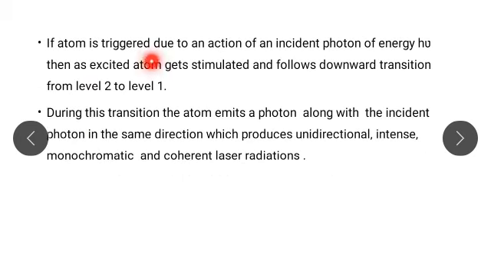And if an atom is triggered due to the action of an incident photon of energy h nu, then the excited atom gets stimulated and follows a downward transition from level 2 to level 1, and during this transition the atom emits a photon along with the incident photon in the same direction, which produces unidirectional, intense, monochromatic and coherent laser radiations. And this is the production of a laser beam by using the optical pumping method.